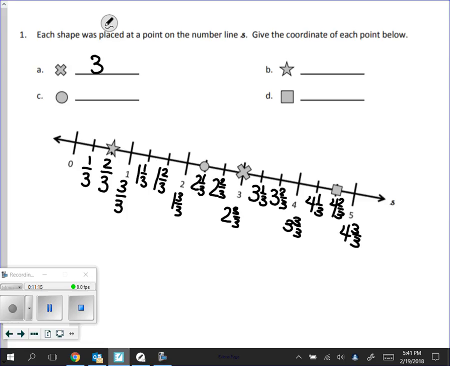So go ahead and write the coordinates of those other 3 shapes. So do that now. It should not take long. So the circle, 2 and 1/3. The star is just 2/3, and the square is 4 and 2/3.